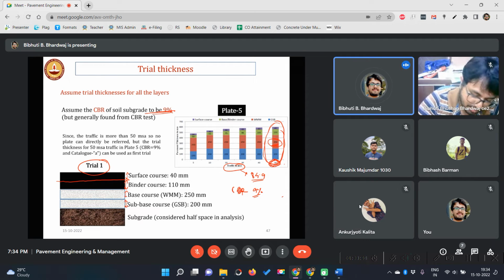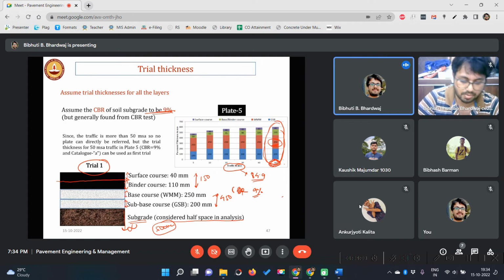That means my bituminous mix total is 150. The subgrade is considered a half space, which is infinite, so generally 500 mm is fine. So clear up to this part?